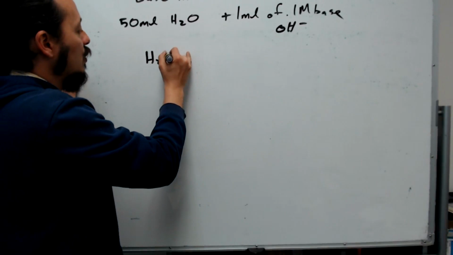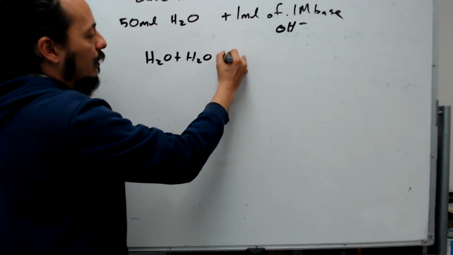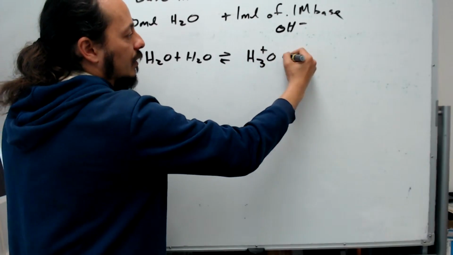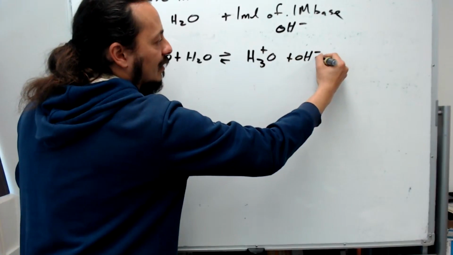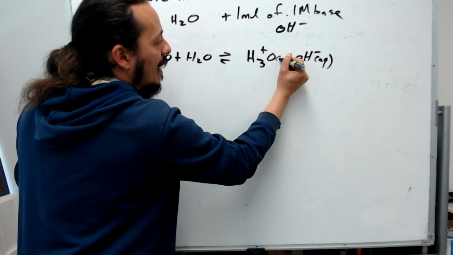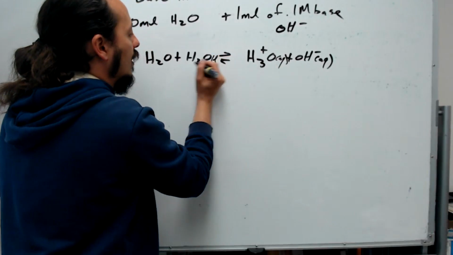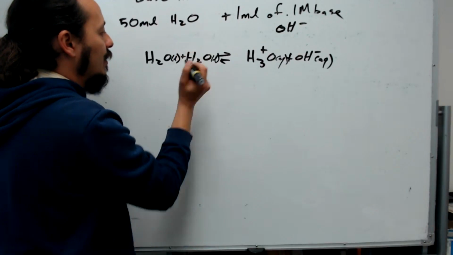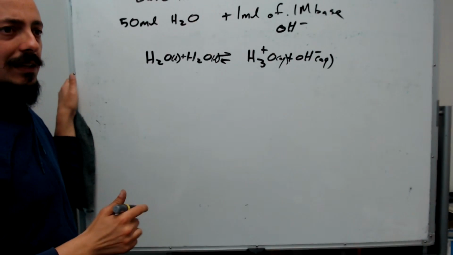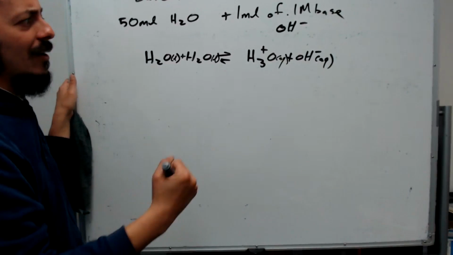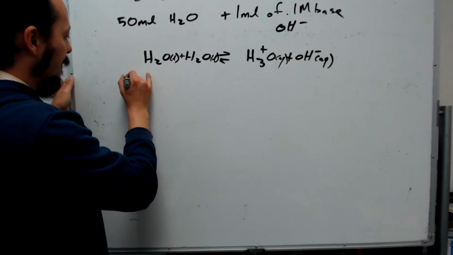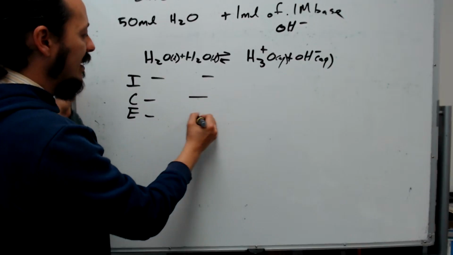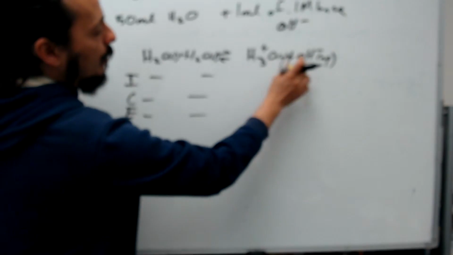So we've got H2O plus H2O goes to H3O plus plus OH minus. I have to be careful with my states of matter on this one since water is a liquid. Apologies to anybody who's been watching the streams and been like, your states of matter aren't there. We're going to set this up as an equilibrium table. I'm not going to care about the liquid. I'm just going to care about the H3O plus and the OH minus.